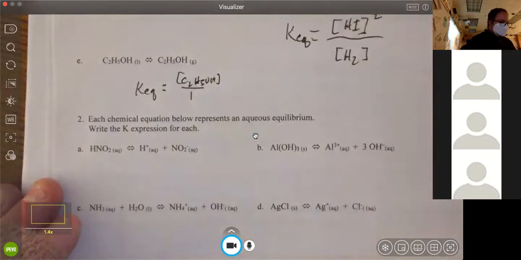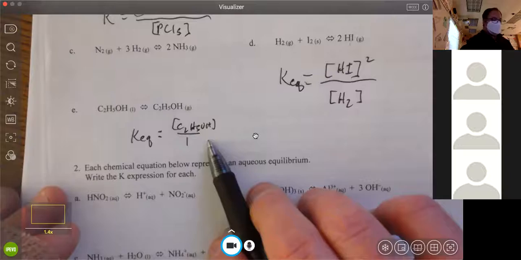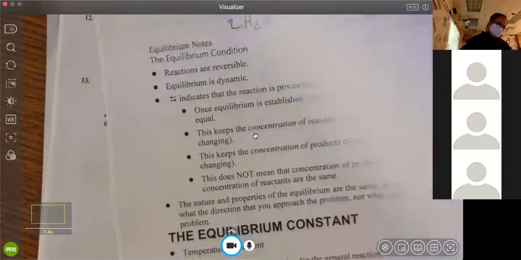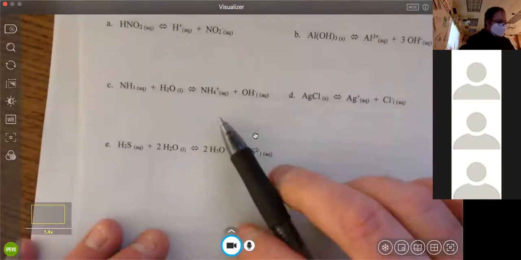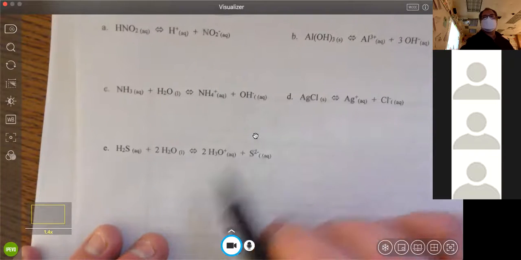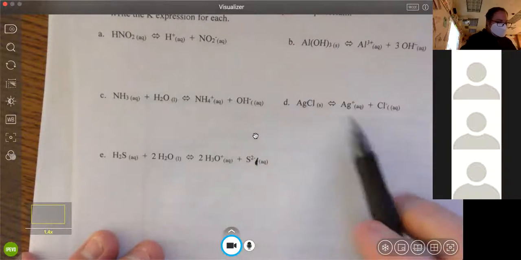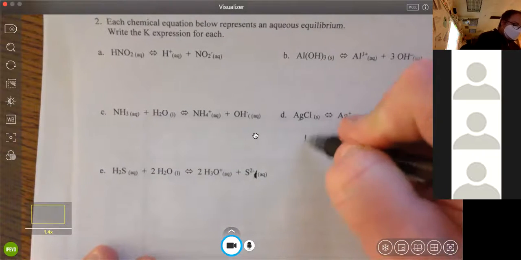So at the top there, we had a lot of the gas stuff. And again, we can go with concentration or the pressure. I think we actually saved the pressure stuff for a little bit later. Here is the solubility product constant. A lot of times, if we have something solid and we're dissolving it, that would be very similar.